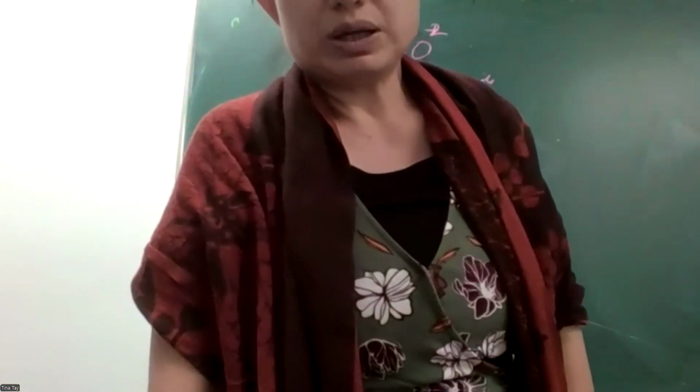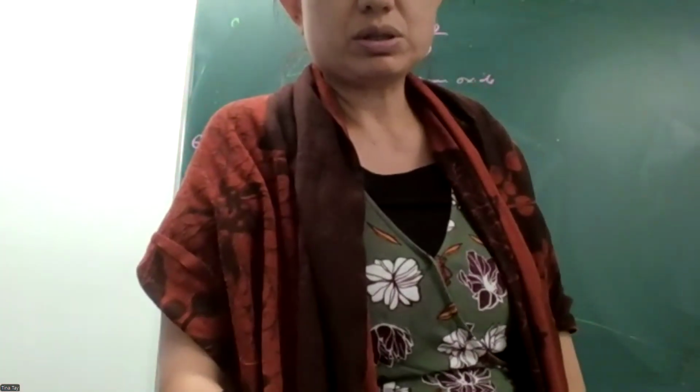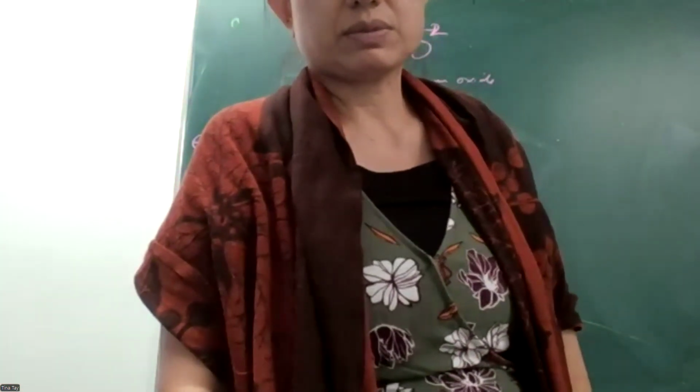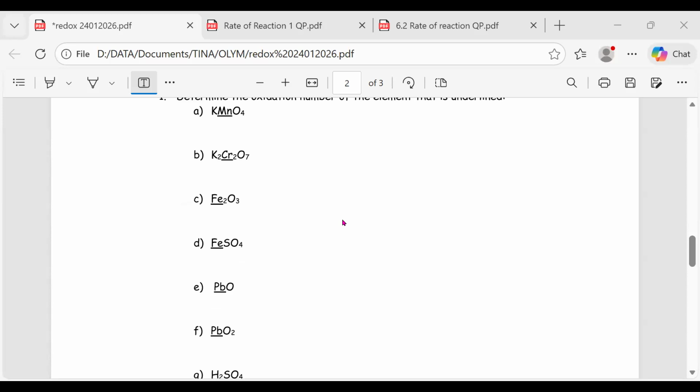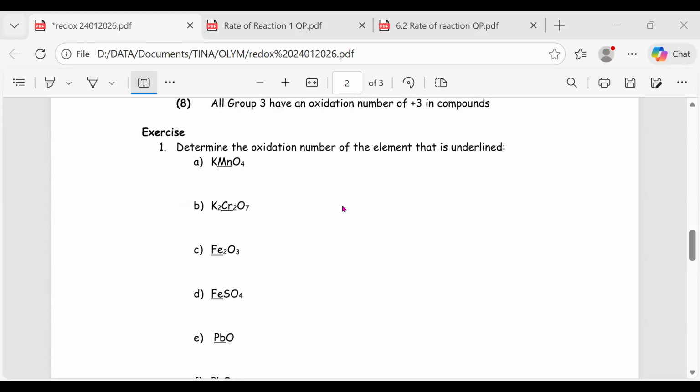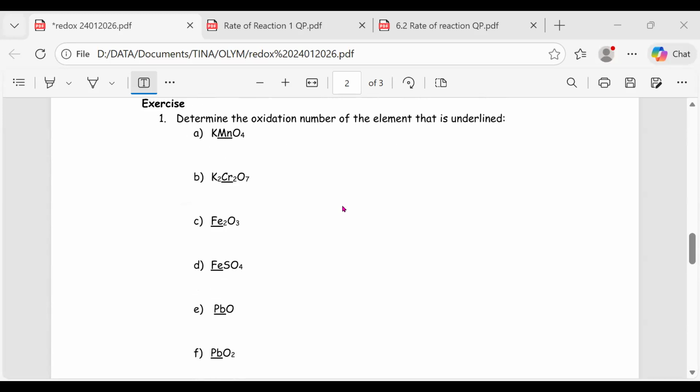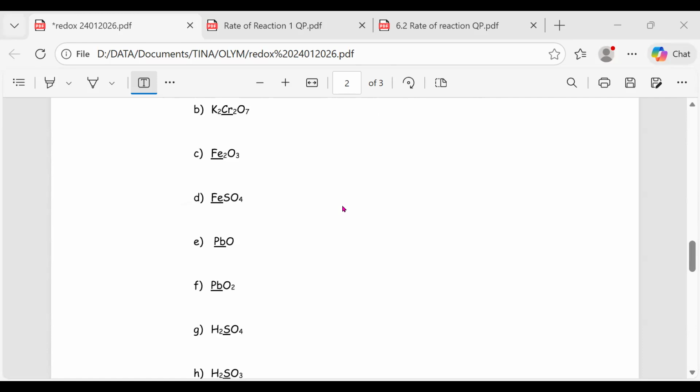So what I want you to do is look at your notes, page, this one. Exercise here: calculate the oxidation number of everybody who's underlined. I remember teaching you this.